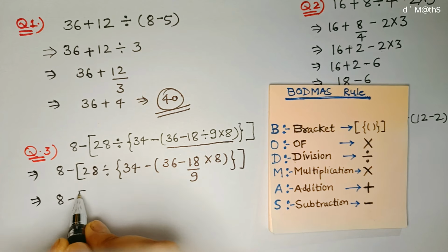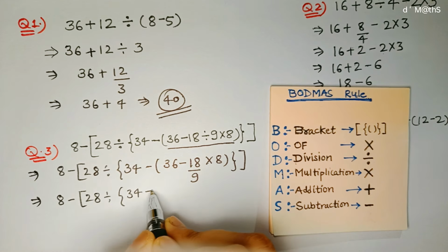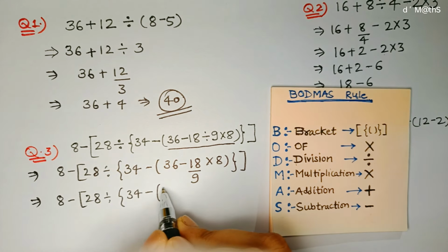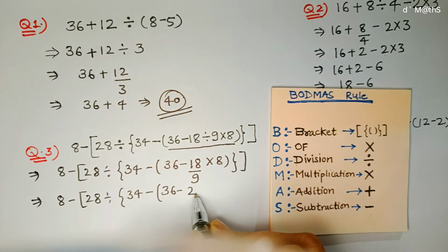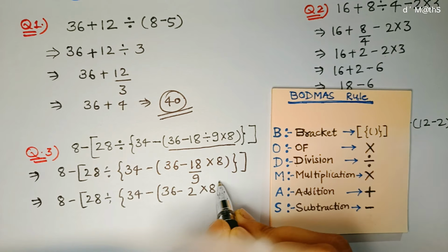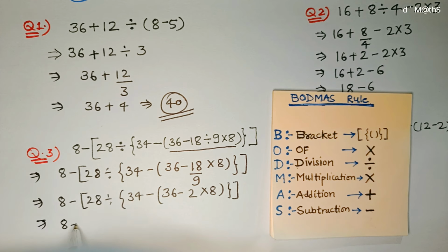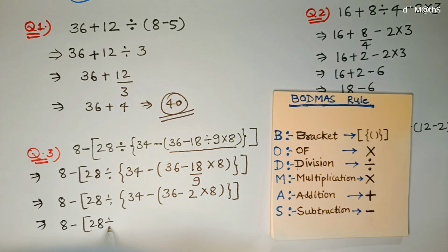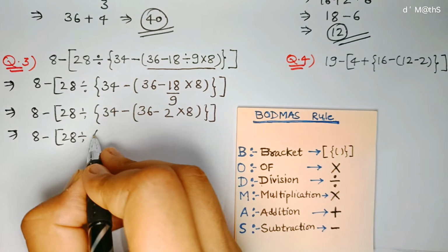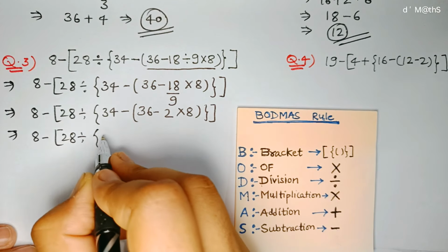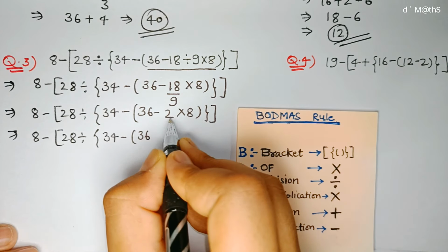So 8 minus 28 division, 34 minus, so what will it be here, 36 minus, 18 divided by 9, how much, 2, multiplication 8. Then again 8 minus 28 divided by, curly bracket, that is the middle bracket, and 34 minus 36.